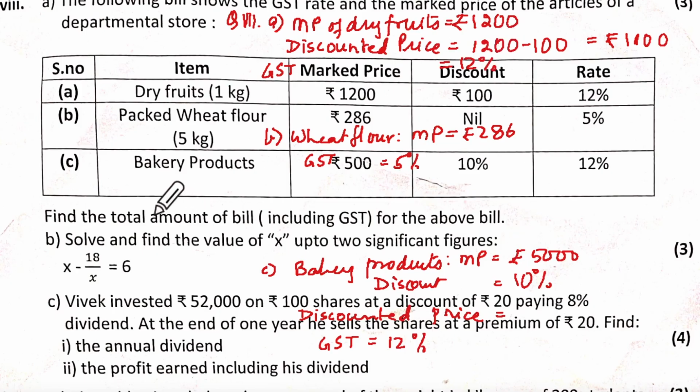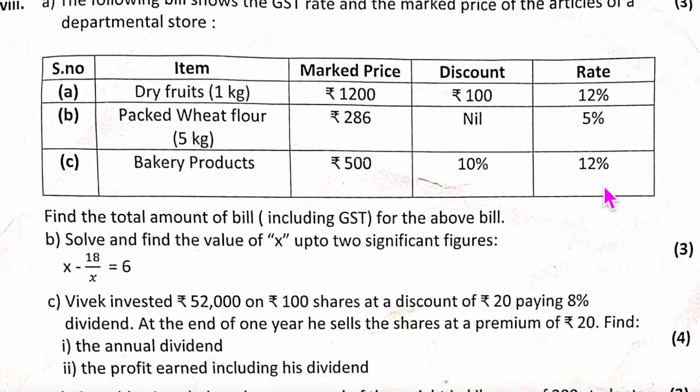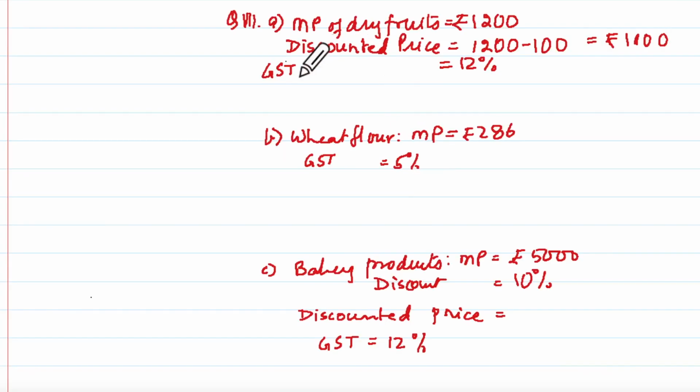Okay, and what are they saying? Total amount including GST for the above bill. We'll need the space. So you will say GST is 12% of rupees 1100. How much did you get that? 12 upon 100 into 1100, 132.